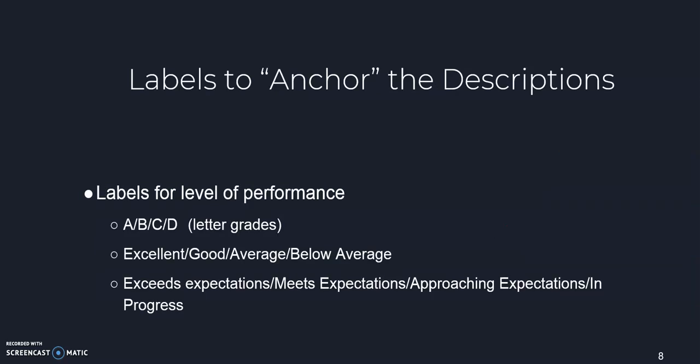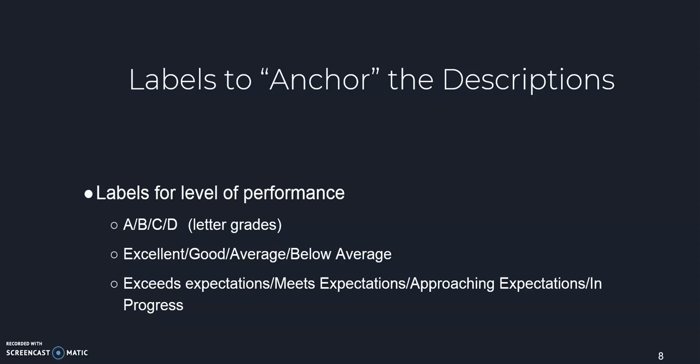And it's very helpful to use labels to anchor those descriptions. So when you're writing the descriptions, maybe you want to think about, well, what would an A-like performance look or sound like in this essay or this speech? Or maybe you want to use descriptive words like, what would an excellent speech feature, the vocabulary use in an excellent essay be?